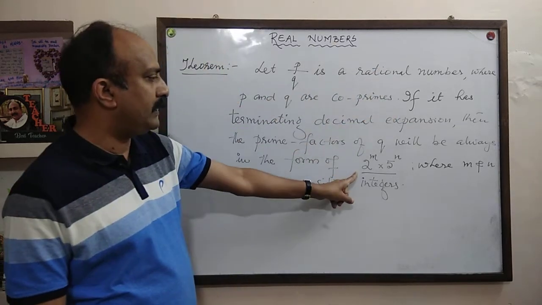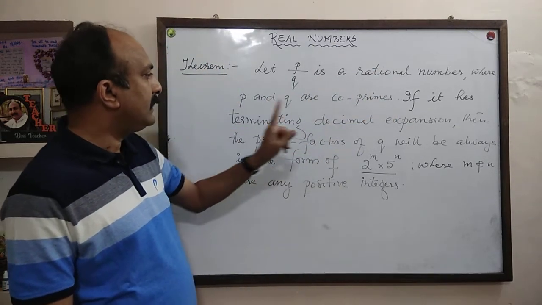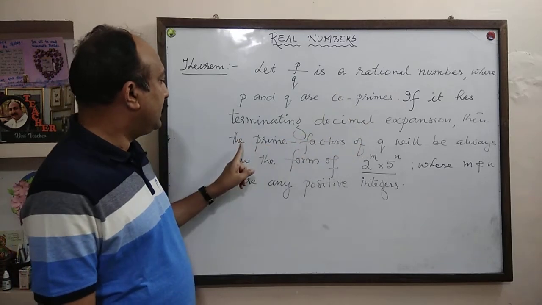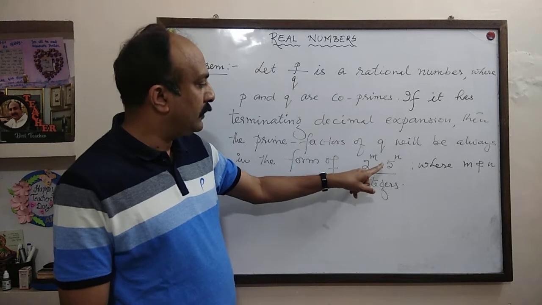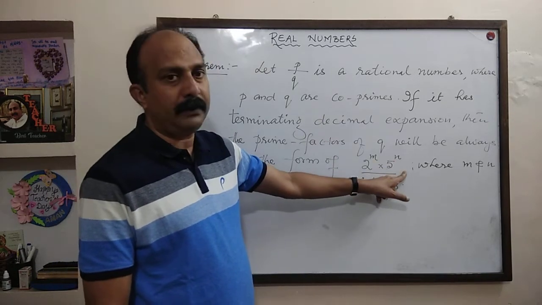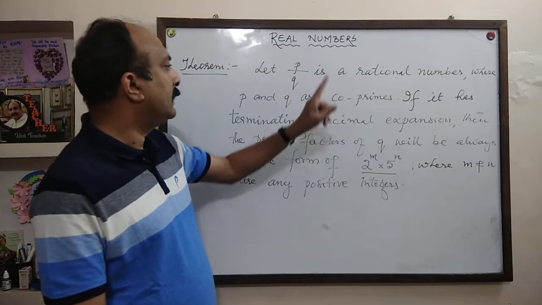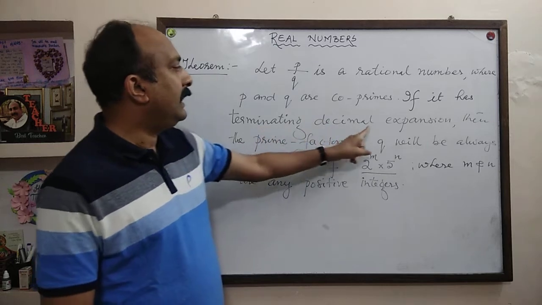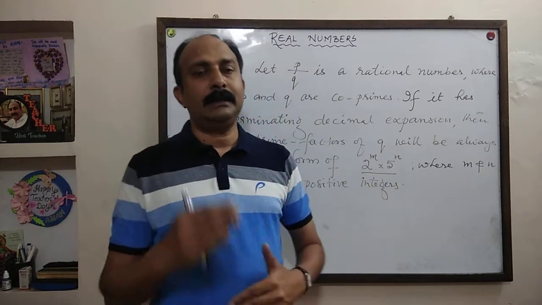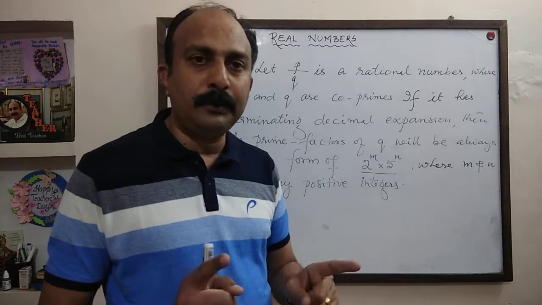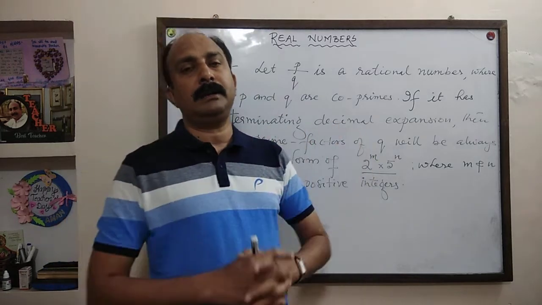Now we have to start from here. If the prime factors of q are in the form of 2 power m into 5 power n, then p upon q will be a terminating decimal, or the decimal expansion of p upon q will be terminating.